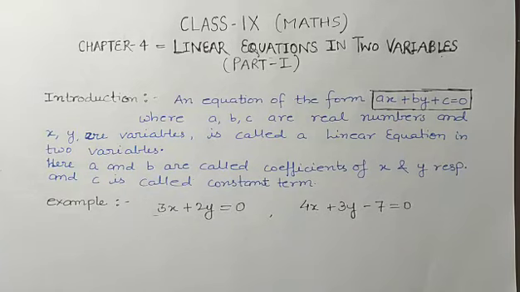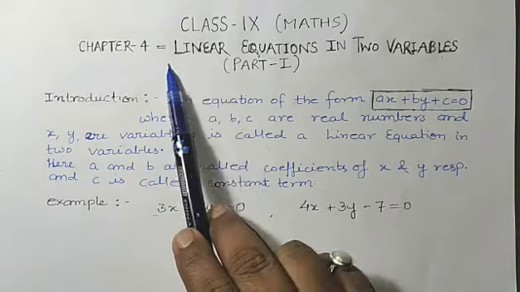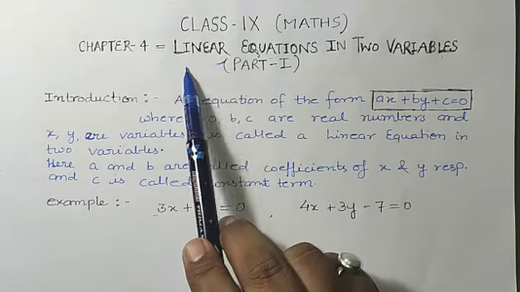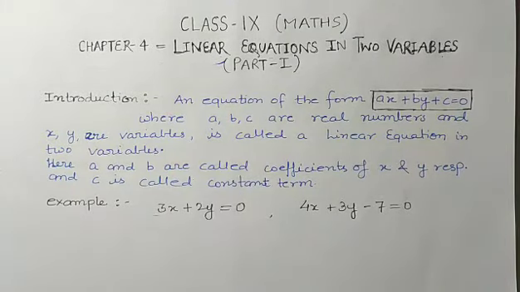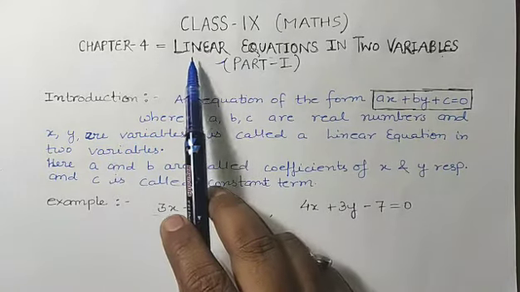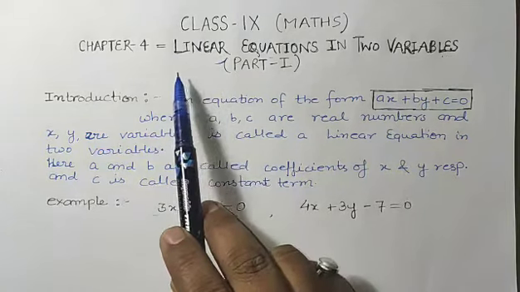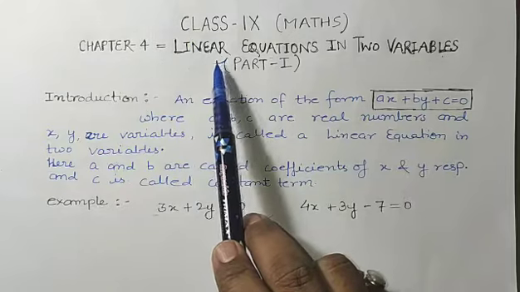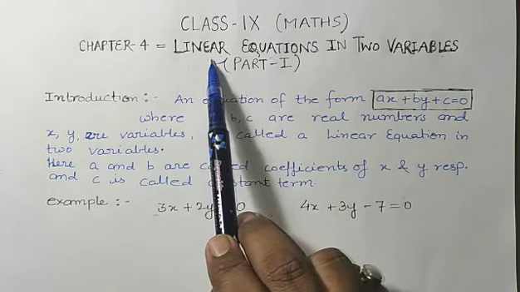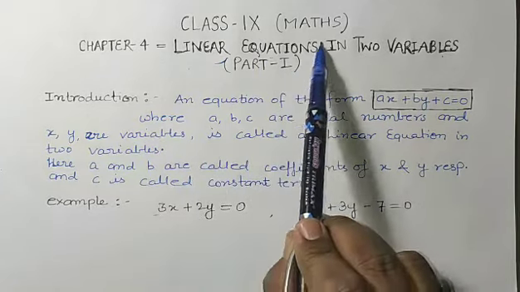Okay students, now coming to this word linear. I taught you this word when I was giving you the description of types of polynomial. I told you that whenever the degree of any polynomial is 1, then that polynomial is known as a linear polynomial. Now coming to the word equations.